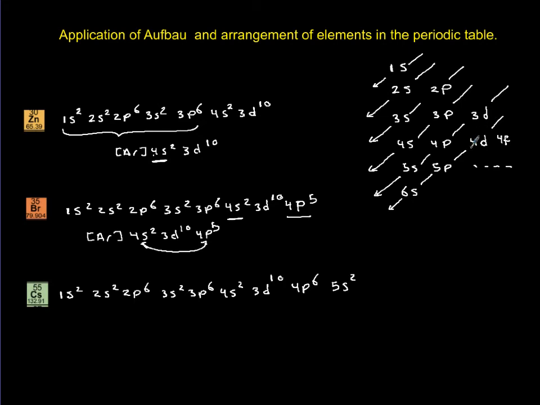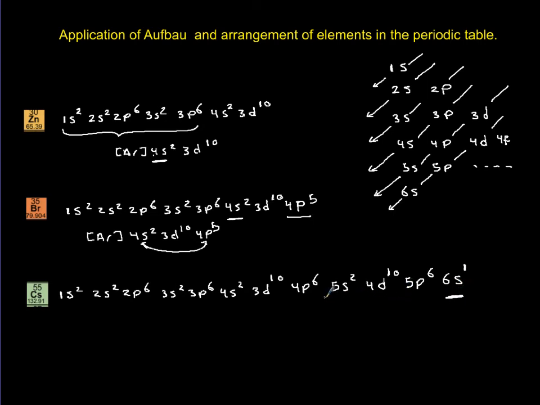After 5s, I'm on 4d, 10 electrons, then 5p, 6 electrons maximum, then 6s, and you only have 1 electron left. Put it there. And that's good because you are in the 6th shell and you are in group number 1, you are in the s block.